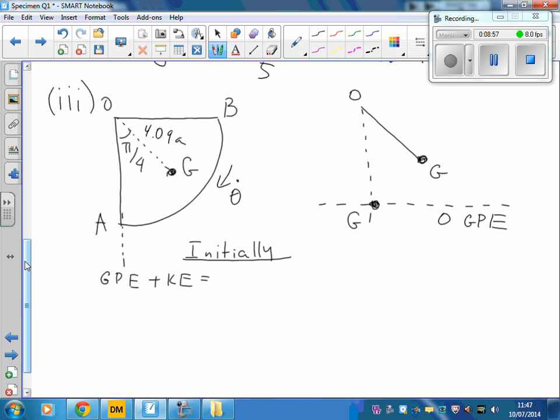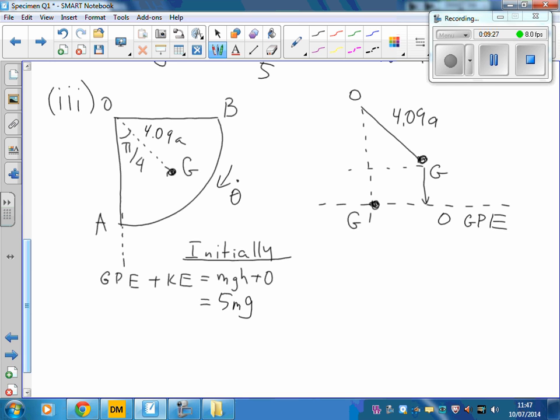So GPE is given by mgh plus kinetic energy, which is 0 because it's released from rest. Now, the total mass of the swing boat is 5m multiplied by g.